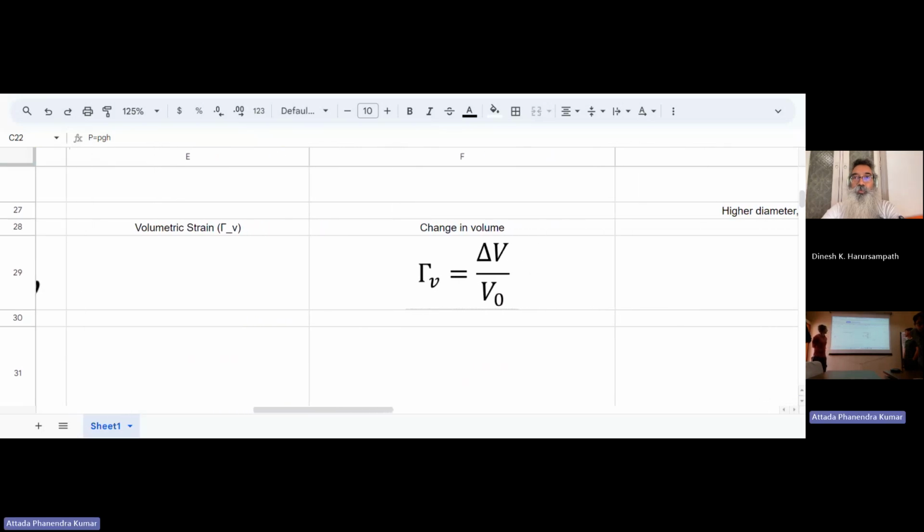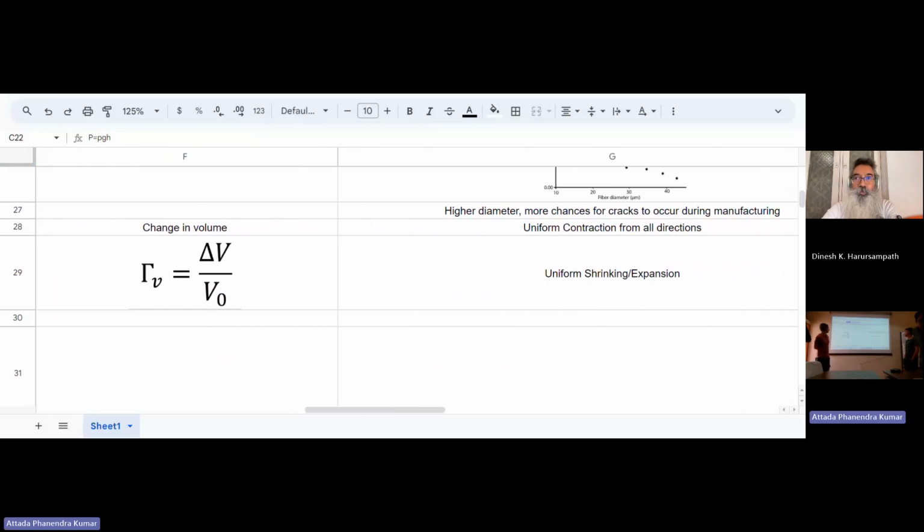Then we can relate the volumetric strain to the deformation through the change in volume. We assume there's a uniform change in volume as the pressure from all directions is very similar. The change in volume divided by the initial volume will give us the volumetric strain. And so the change in volume is a uniform contraction from all directions or a uniform expansion from all directions.